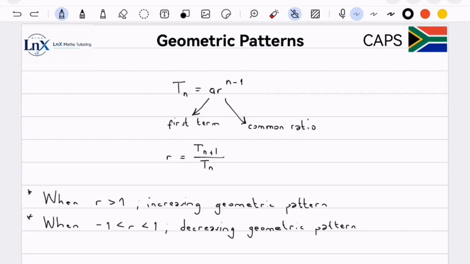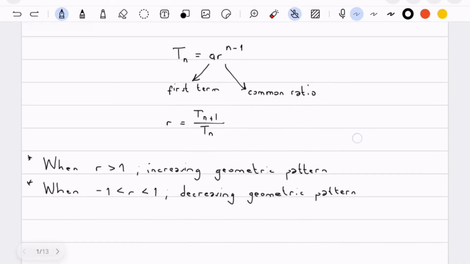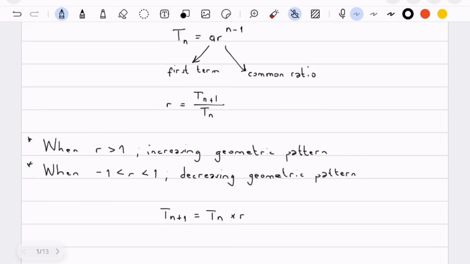Alright, so in order for us to get the next term, we just need to rearrange the common ratio formula. So we're going to have Tn plus 1 equals Tn multiplied by R. Great. And in order for us to determine whether we have a geometric pattern or not, there's a certain formula that we can use to check that.